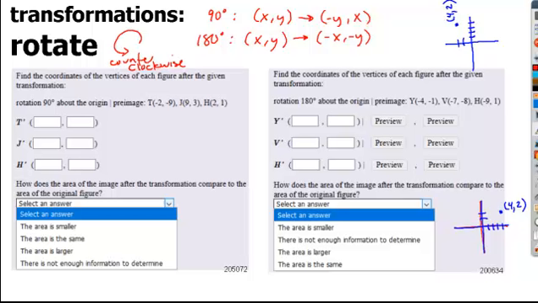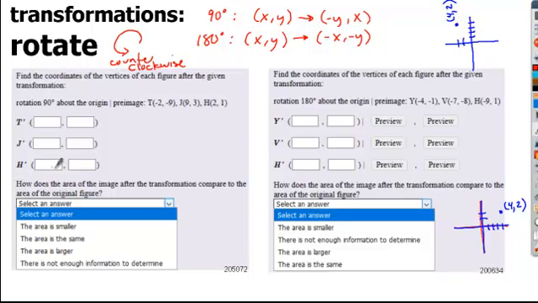Now, trying to remember that rule is probably a waste of time because you can physically sketch your original point like I did right there and then just physically rotate it 90 degrees and then you can count your new coordinates, -2, +4. You don't need to remember a rule for that necessarily, but once you establish the rule one time, you can use that rule to answer the rest of your questions.